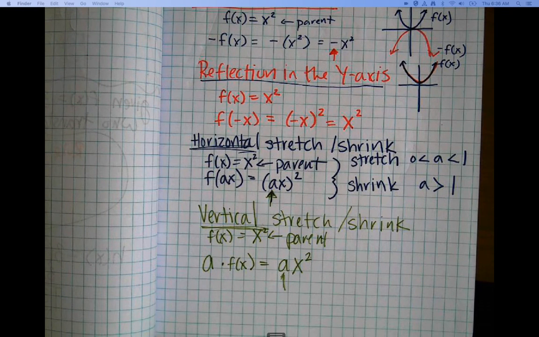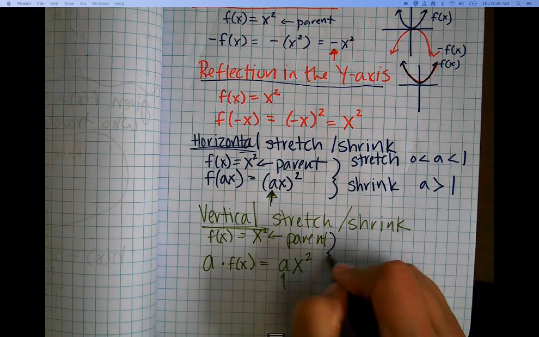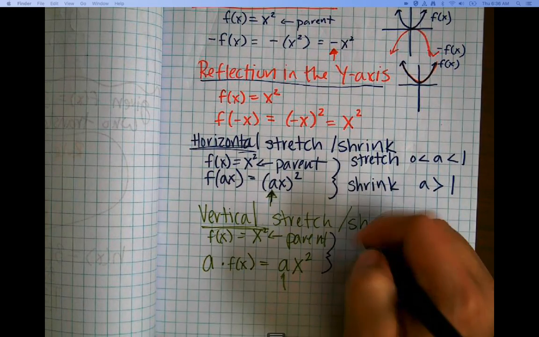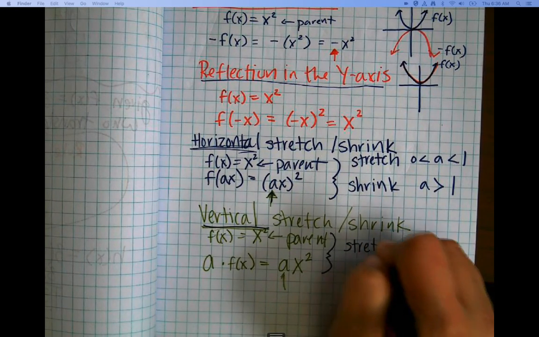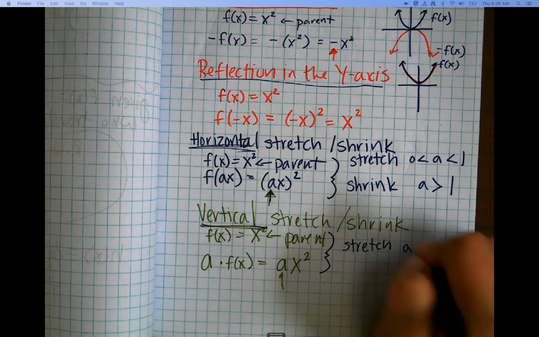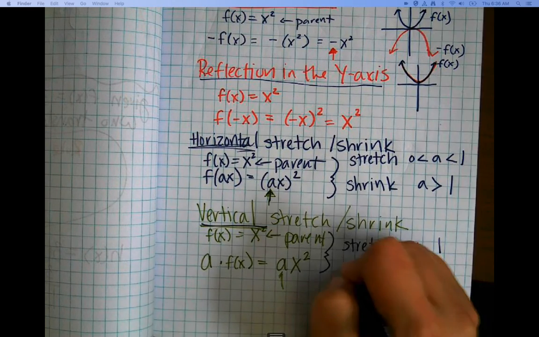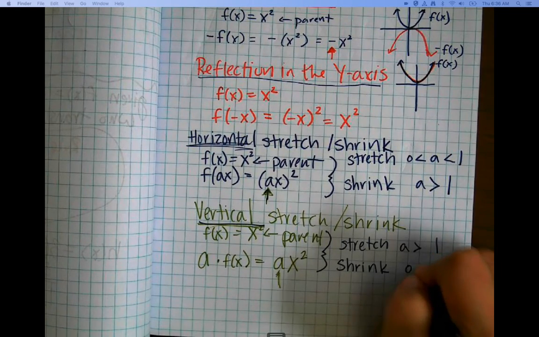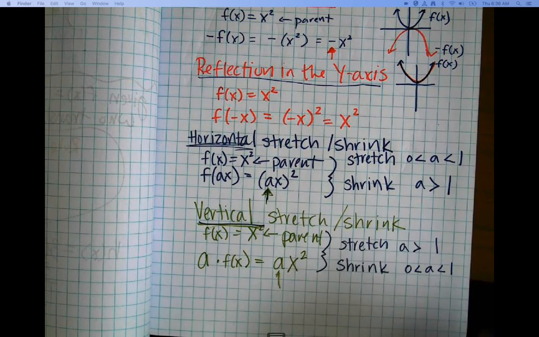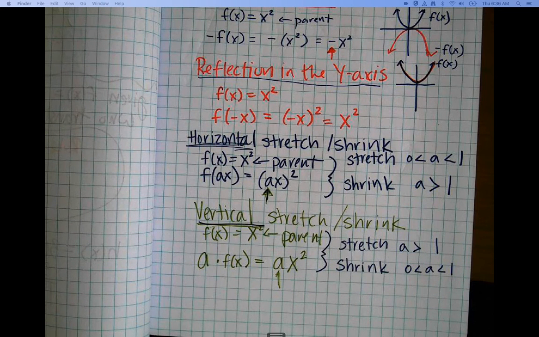So if we are dealing with this, then it's a vertical stretch when a is greater than 1, and it's a vertical shrink when a is between 0 and 1. So again, we've dealt with this with the absolute value functions and some linear functions in the previous lessons, and the rules are still the same.